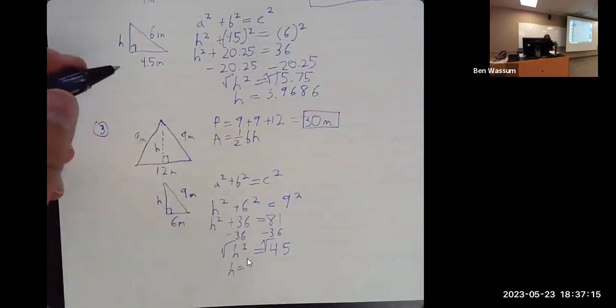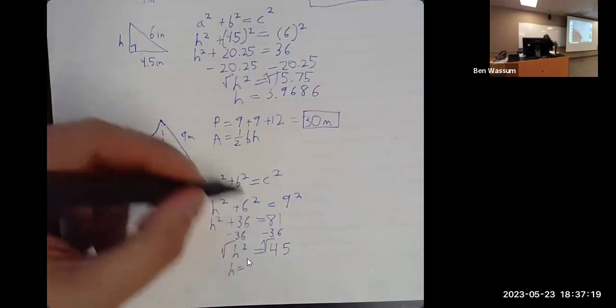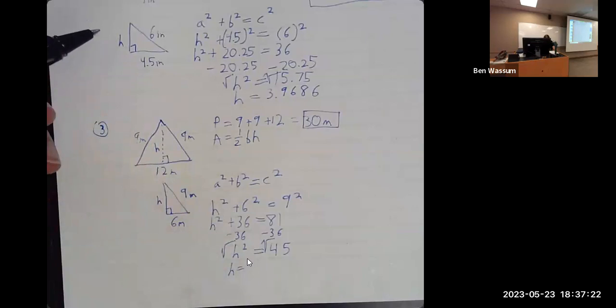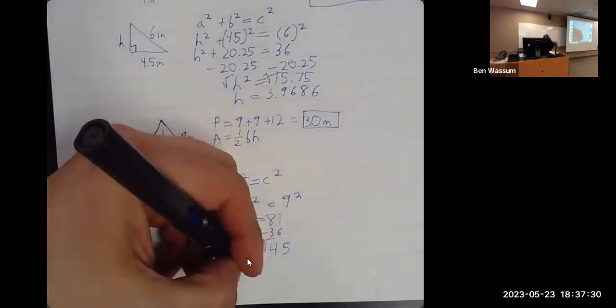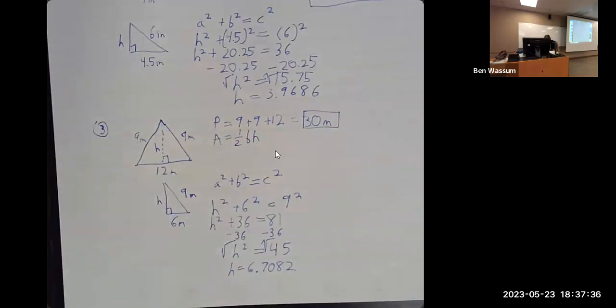And like I did on the first problem, I could just get a simplified radical here, but as we figured out, it makes more sense to get a decimal. So that's what I'm going to do. I'm just going to figure out what the square root of 45 is as a decimal and call it good there. So I get h is 6.7082.